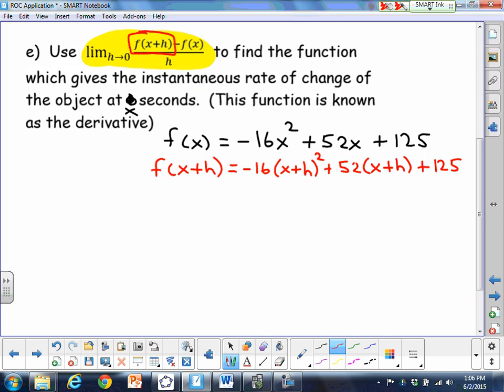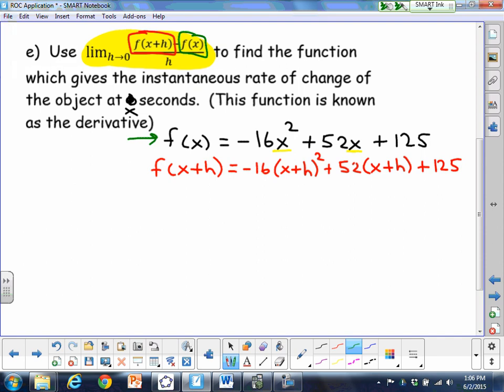So that would be the f of x plus h. Again, notice both of these things became x plus h's, and everything else was exactly the same. So now we know the two things that we need to know in the numerator there, right? Because we also need f of x. That was given to us originally, so we know both numerator pieces.